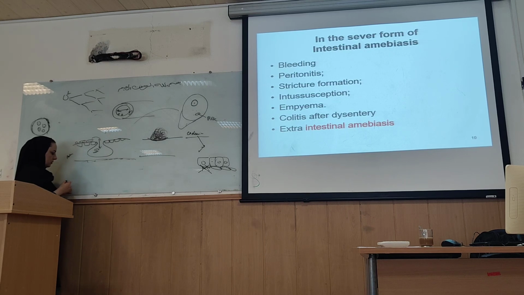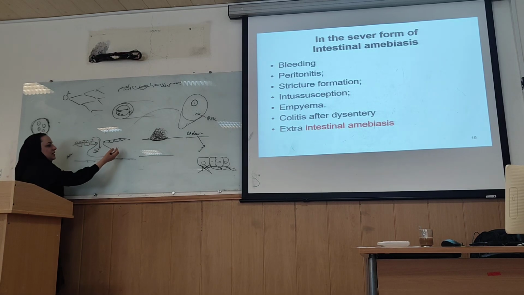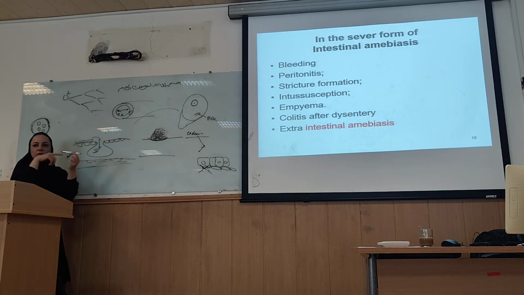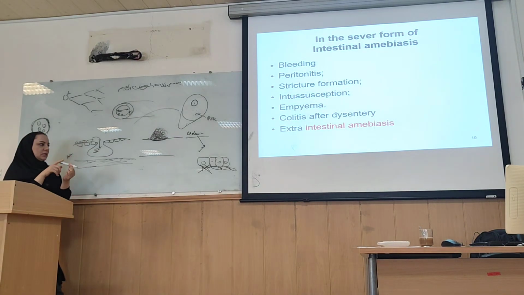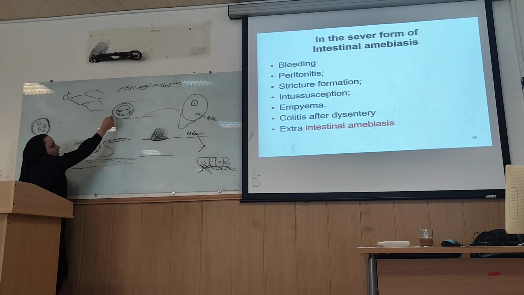This is the wall. This is the epithelial cell, this is mucosa, this is submucosa, and after that we have muscle. Outside of the lumen, outside of the large intestinal wall, we have the muscle.